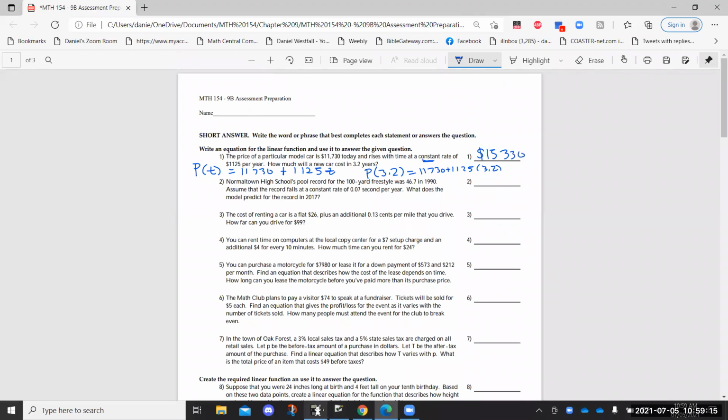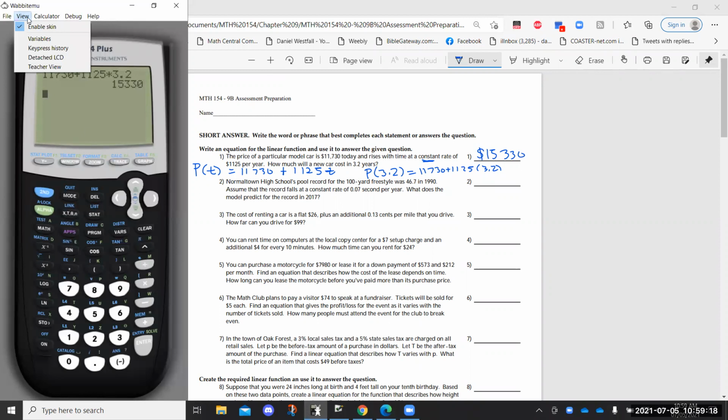I need to change that so that it stays on top.